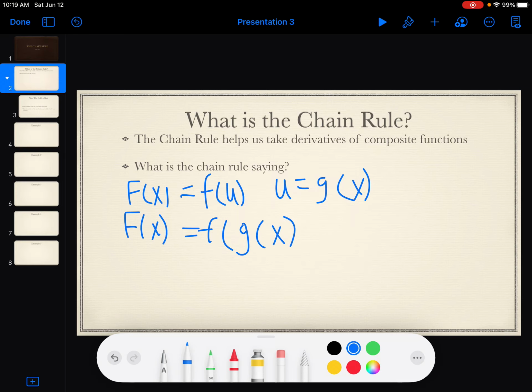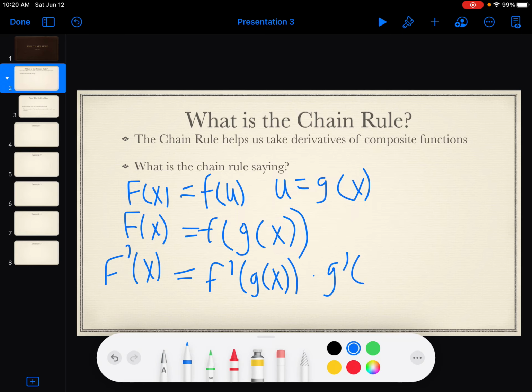Well, I get that composite function. And the chain rule says if I wanted to find the derivative, big F prime of x, that would be the derivative of little f at g of x times the derivative of g of x.